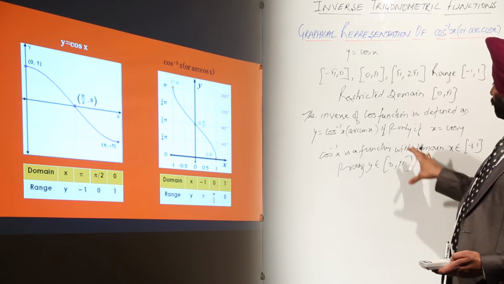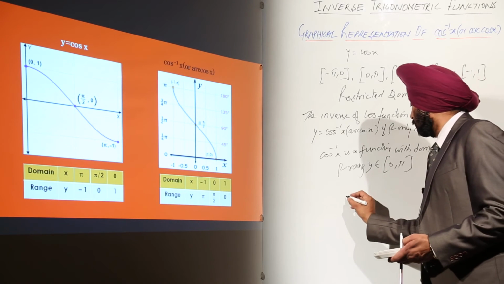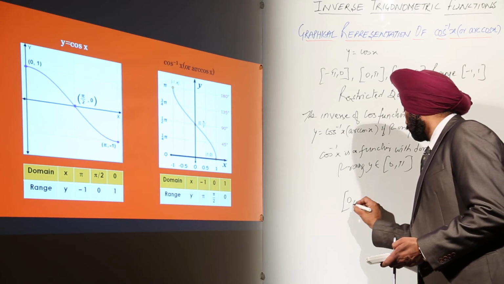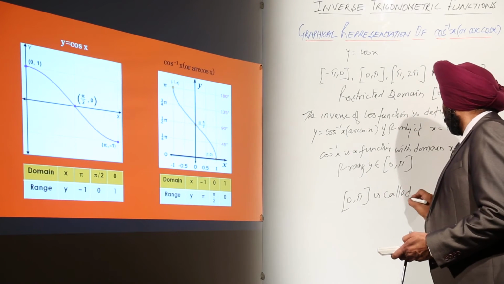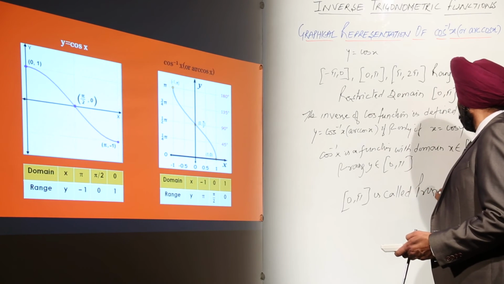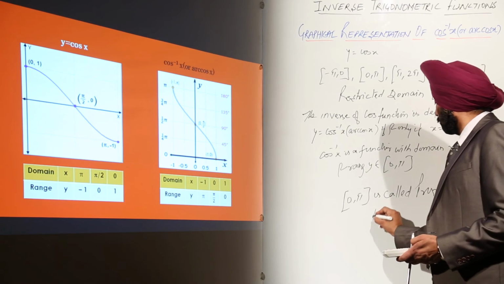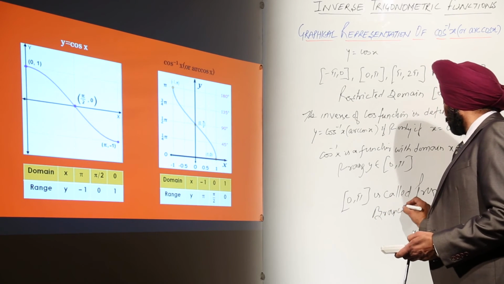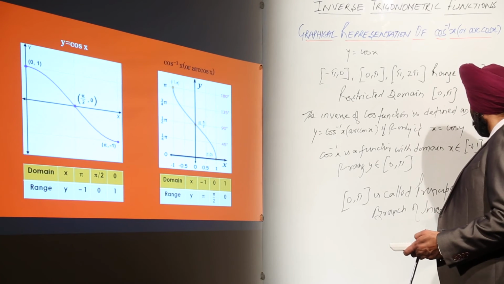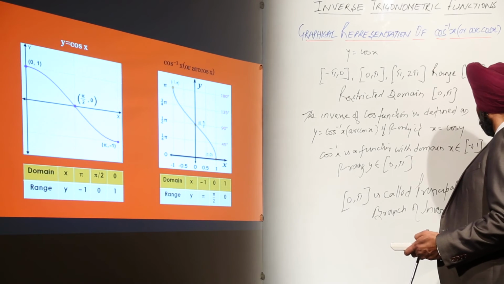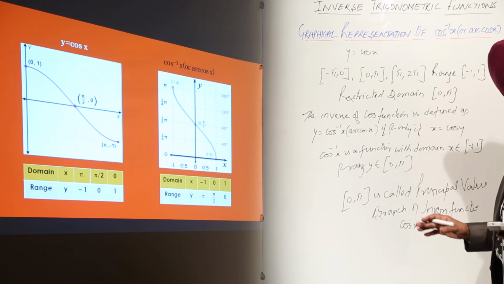Okay. Now 0 to pi restricted domain becomes restricted range here. So the range 0 to pi is called the principal value branch of the inverse function of cos x.